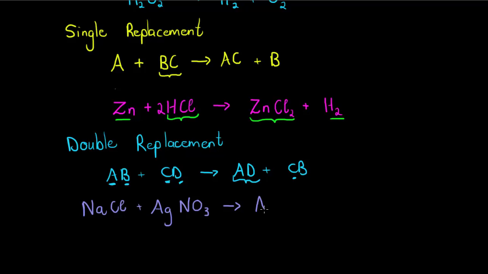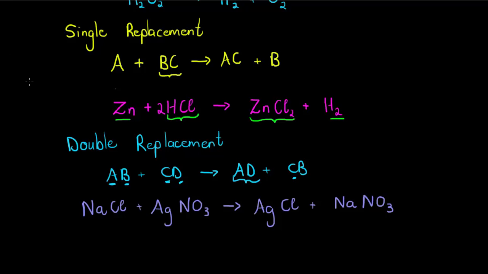It produces silver chloride plus sodium nitrate. And this is then an example of double replacement.